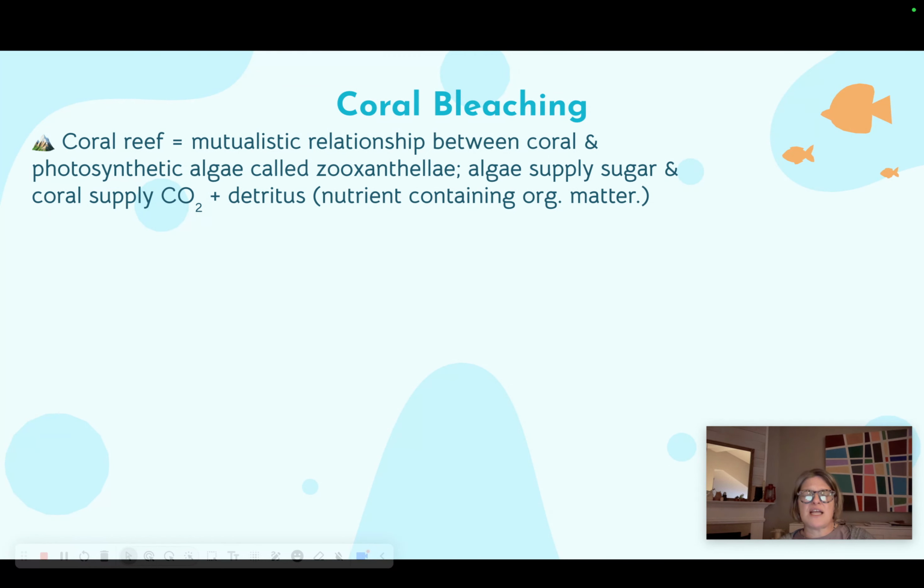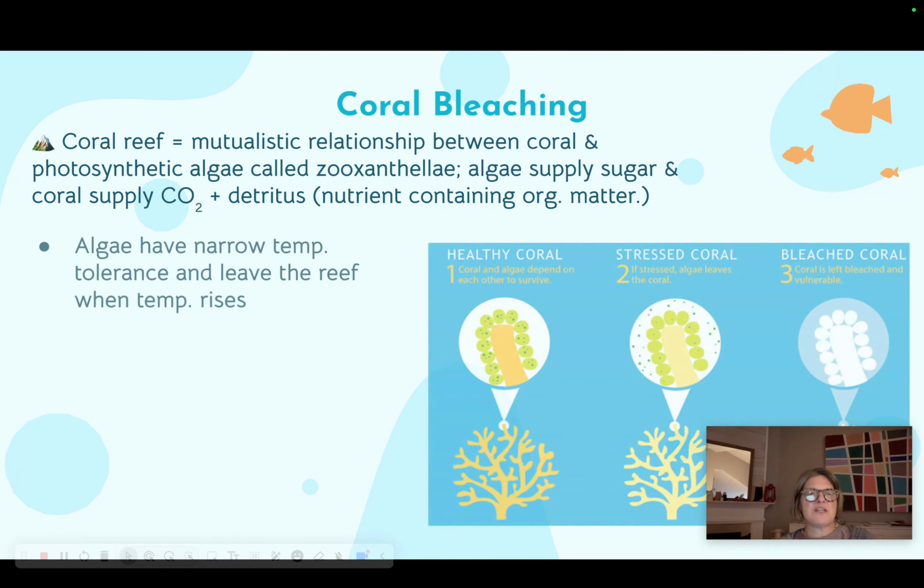And then this algae actually supplies the sugars or the glucose for the coral. The coral supplies the CO2 for the algae. And then both of these things also impact the detritus, which is the organic matter made by decomposers in this ecosystem.